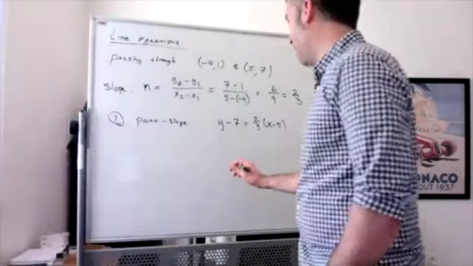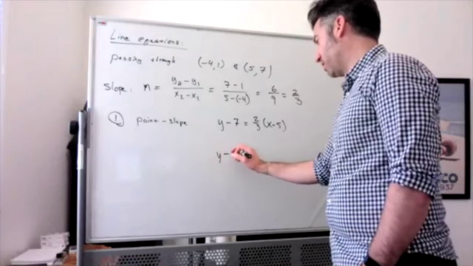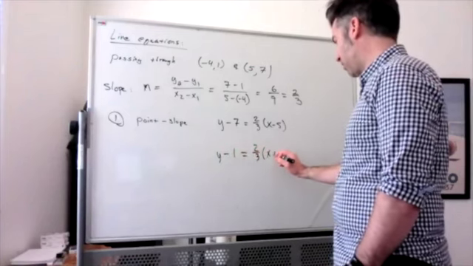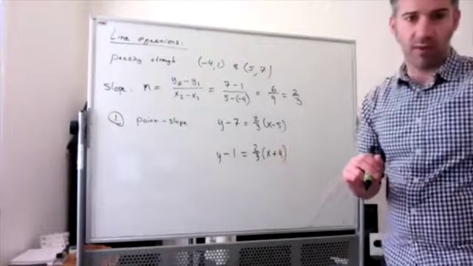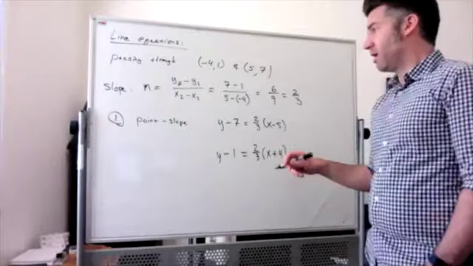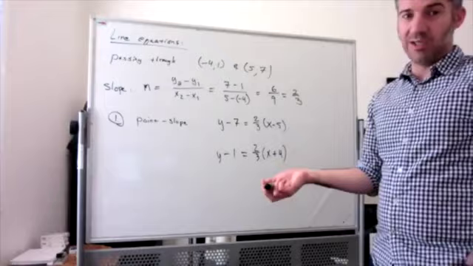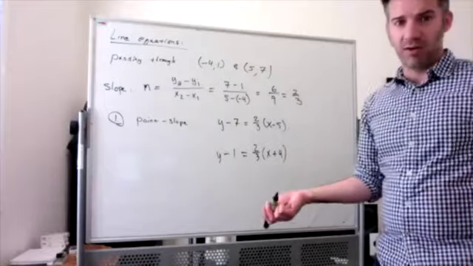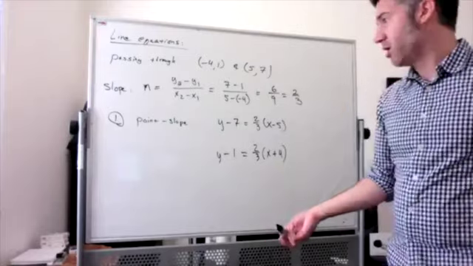You could also write it as y minus 1 equals 2/3 times x minus -4, which would be x plus 4. However, a lot of the time, teachers prefer people to write their lines in the standard slope-intercept form.